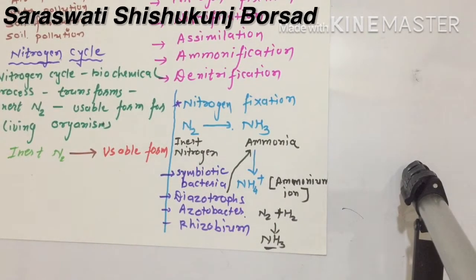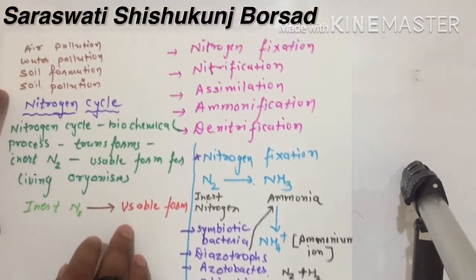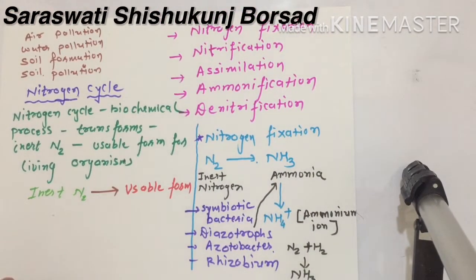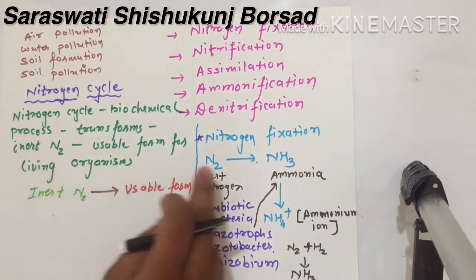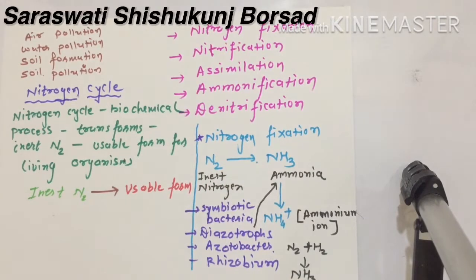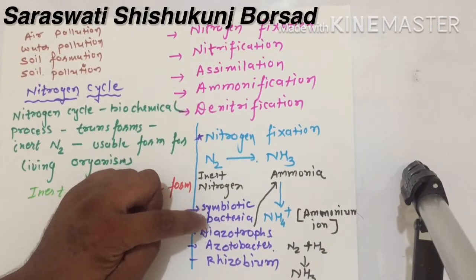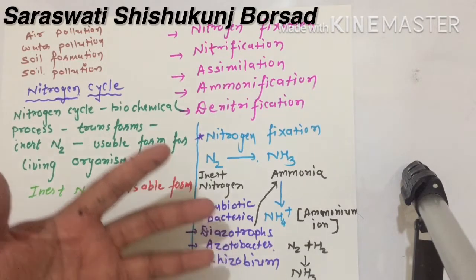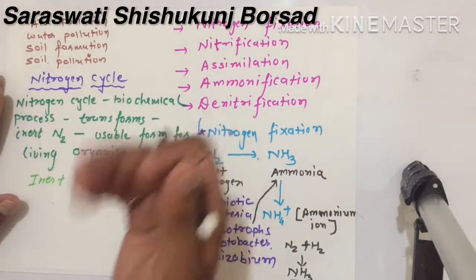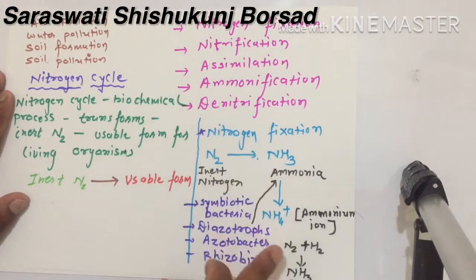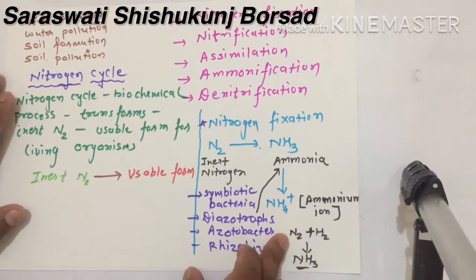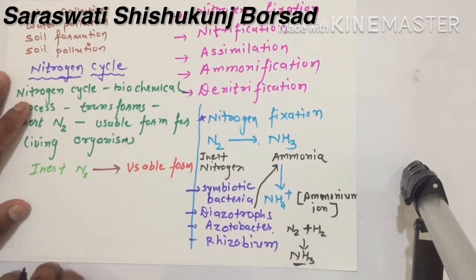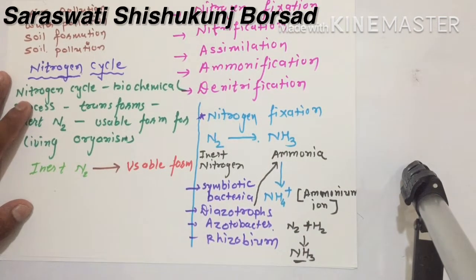Again, keep in mind that nitrogen fixation is a process in which the inert nitrogen is converted into ammonia with the help of symbiotic bacteria like diazotrophs, azotobacters and rhizobium. The nitrogen and hydrogen, in the presence of the nitrogenase enzyme, get converted into ammonia.